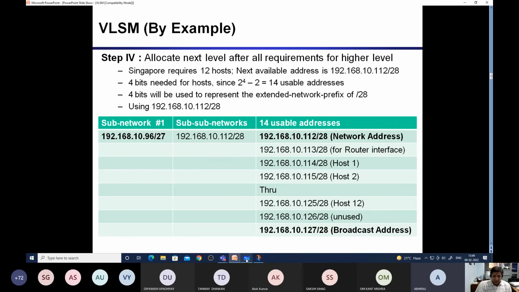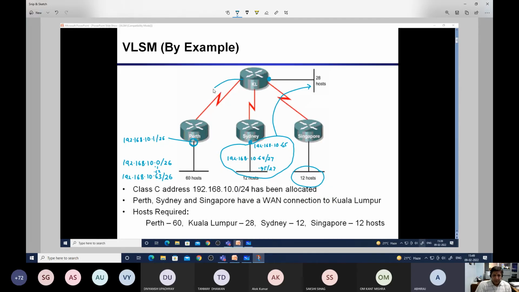Now, what about these subnets? In these three WAN subnets, how many hosts are there? 2 hosts. How many bits are needed in the host part? 2 bits. Why?